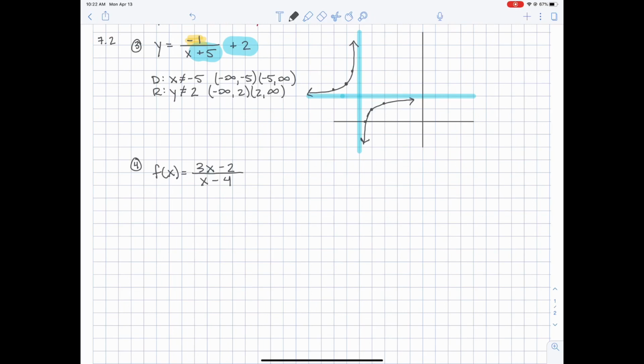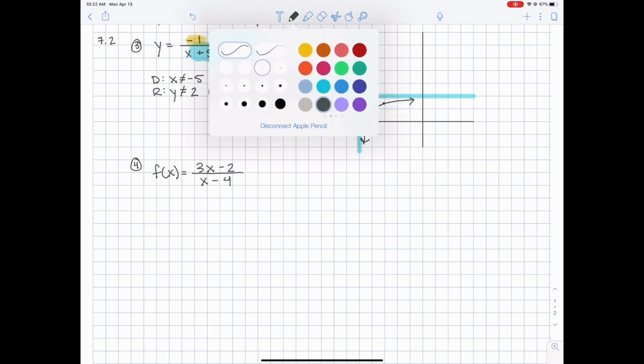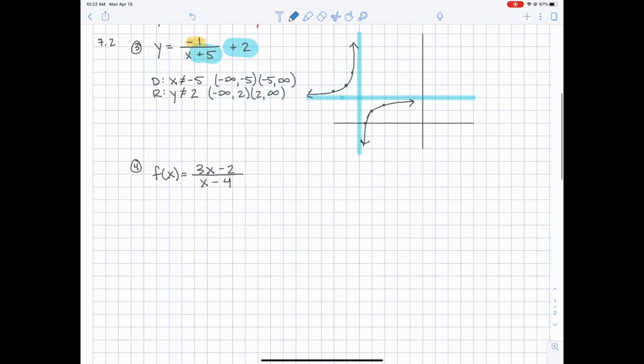Okay, what I actually want to do for this one is start with my domain and range. So I'm going to switch over colors for this one. For my domain, I know that that is my bottom part here. So I know that x cannot be 4, and this happens to be my vertical asymptote as well.